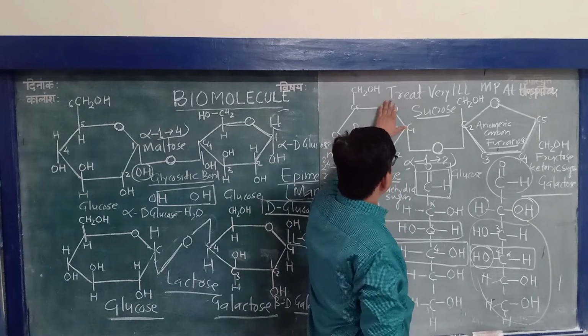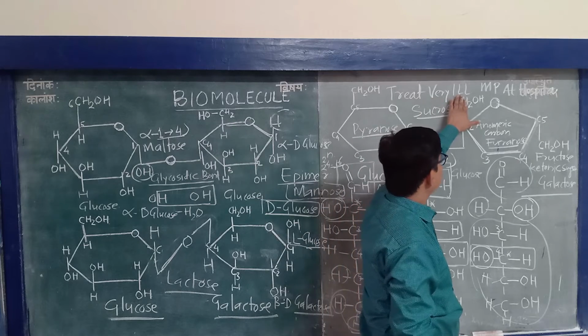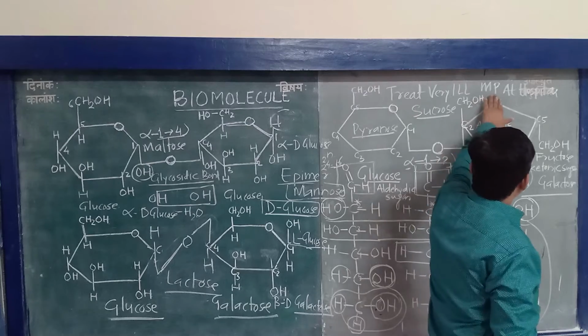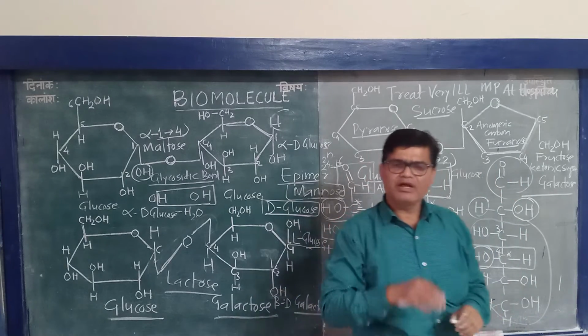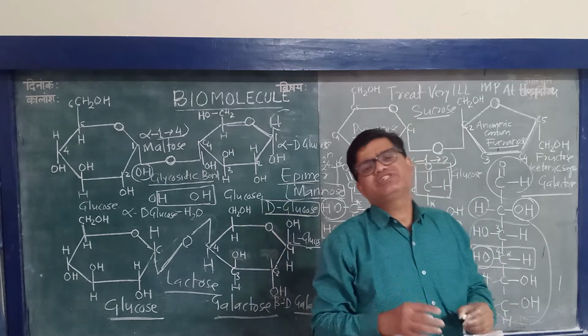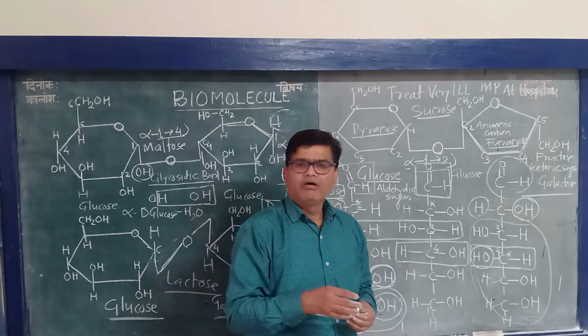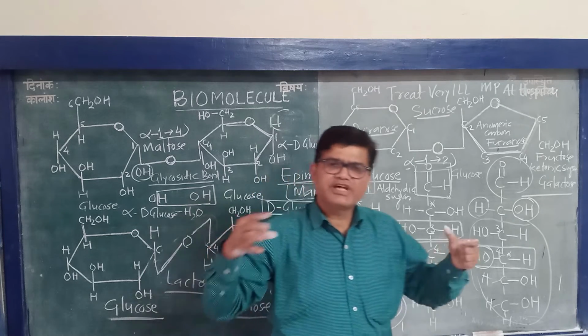So tryptophan, threonine, valine, isoleucine, leucine, lysine, methionine, phenylalanine, arginine, histidine. These are essential amino acids which are not synthesized in your body, and the other 10 are non-essential, which are synthesized in your body.